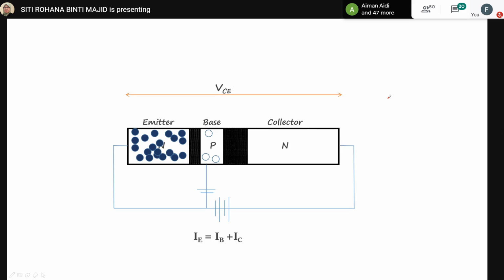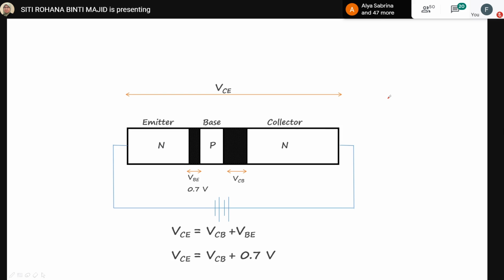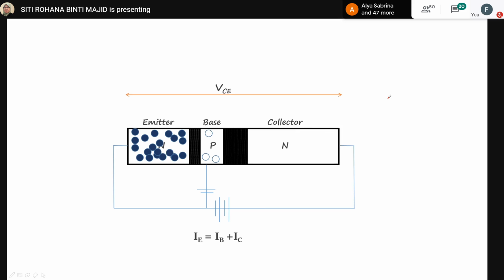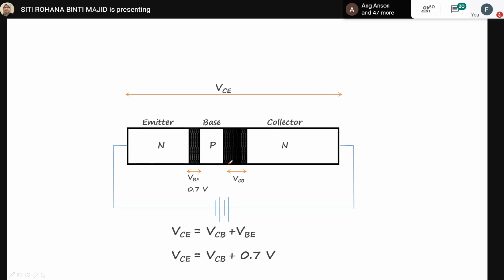Now let's see what happens if we apply a second voltage source to this circuit. I want to attach an extra voltage supply at this particular layer, which is the base.